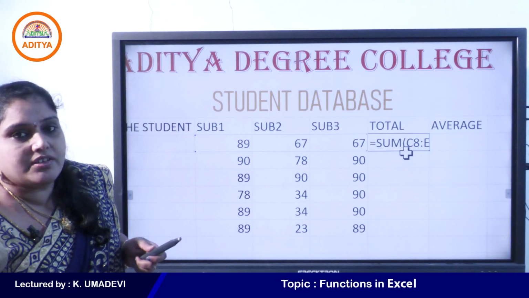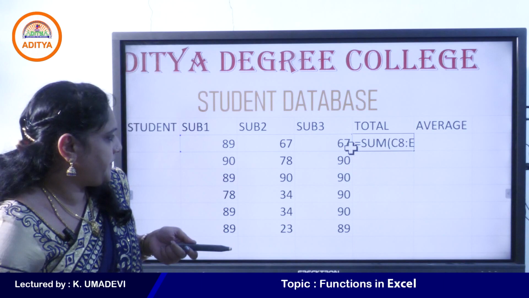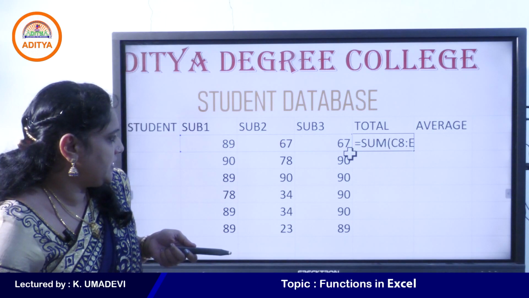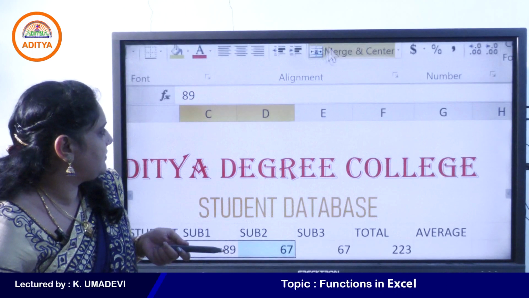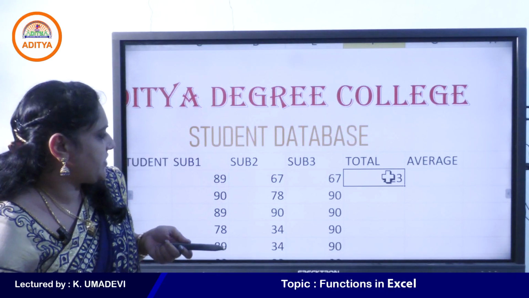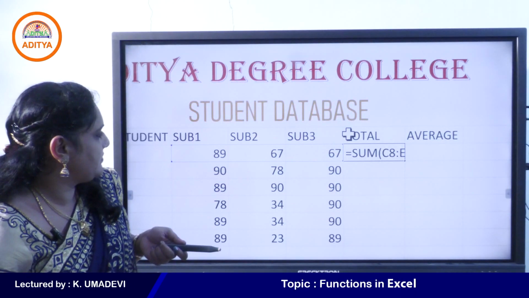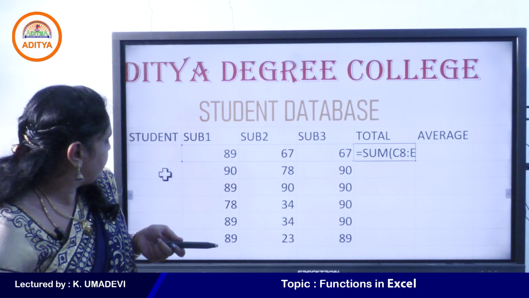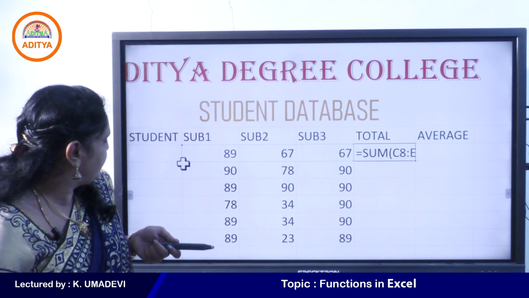If you want to reduce the selection, first click on the particular cell. So now we are in the sum function. See here the arrow appeared.